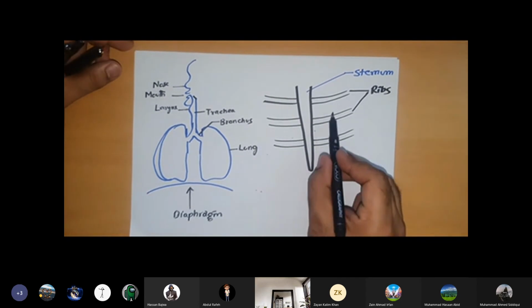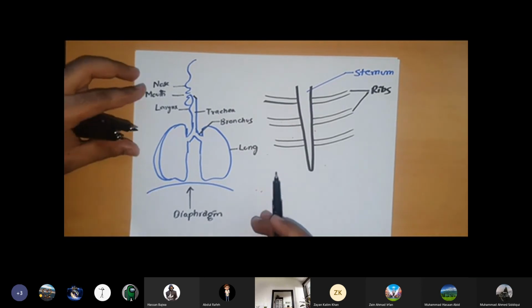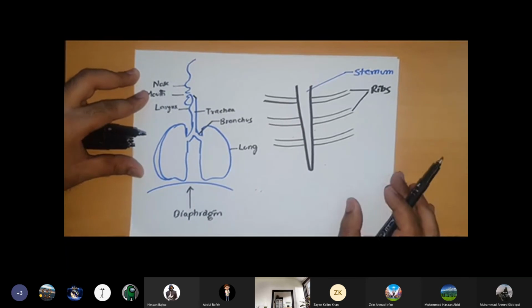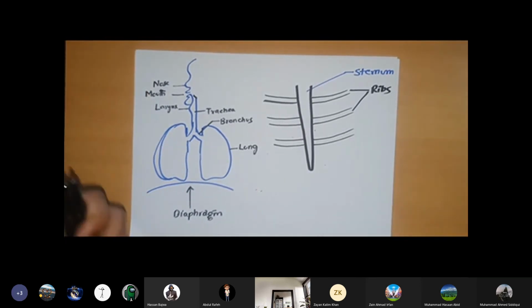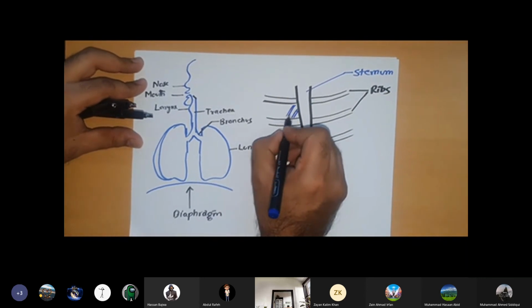Now, in between these ribs there are muscles present, and these muscles are called intercostal muscles. There are two types of intercostal muscles. One type is called external intercostal muscles, and the other is called internal intercostal muscles. With the help of blue color, I am going to show the internal intercostal muscles.